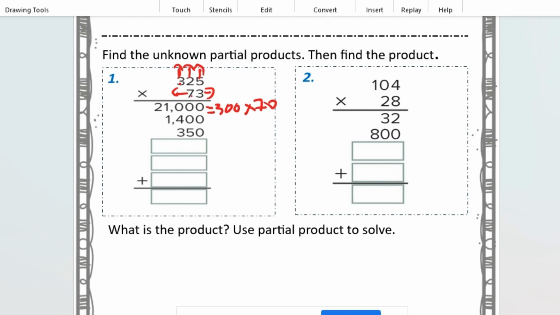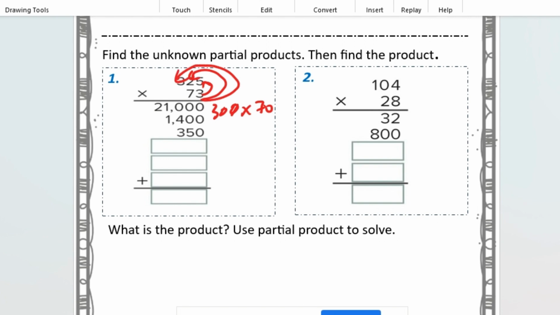Now the second one is 20 times 70. So we multiply. Okay, I erased the wrong one. So this is 300 times 70. We multiply this number by this number, and this number by this number, and this number by this number. And when we finish, we multiply the other row the same way.